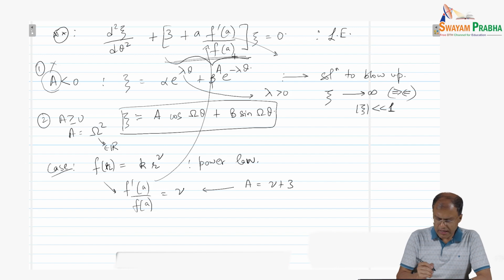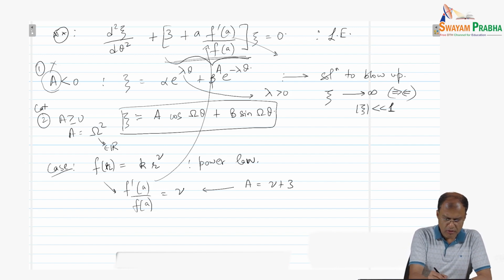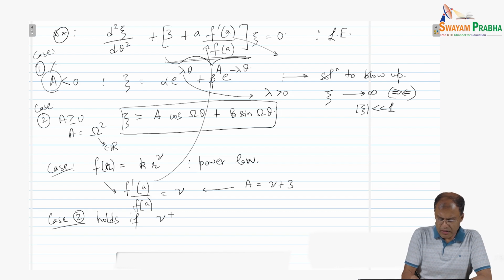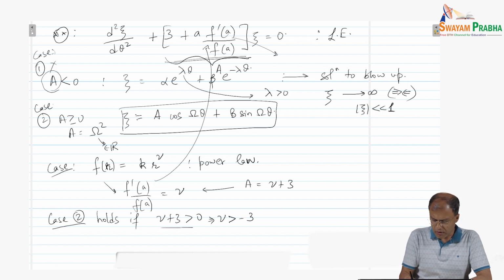And we want case 2, and not case 1. So case 2 holds if nu plus 3 is greater than 0, which means nu is greater than minus 3.